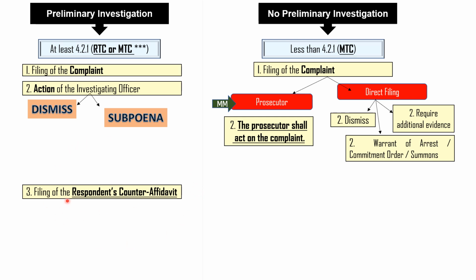This filing of the respondent's counter affidavit, take note that this is not available in a case which does not require a PI. In a case which does not require a PI, you do not give the respondent an opportunity to submit his counter affidavit. So let's explain number 3, the filing of the respondent's counter affidavit.